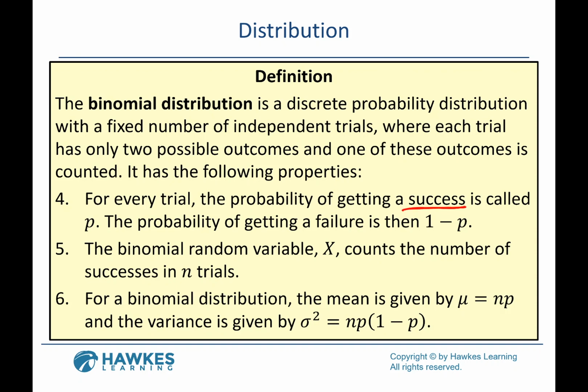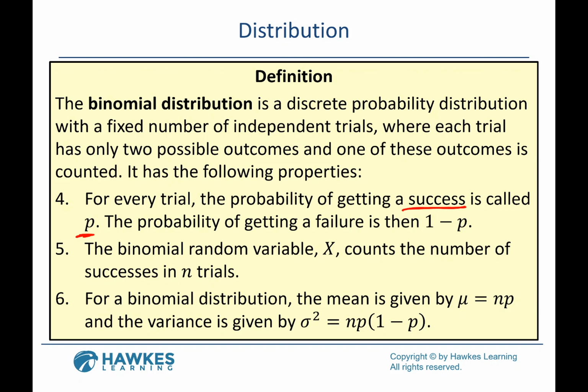The probability of failure is 1 minus p, because if we only have 2 events and we add the probabilities together, we have to end up with 1, a total of 100% probability. So p is the probability of success, and 1 minus p is the probability of failure.